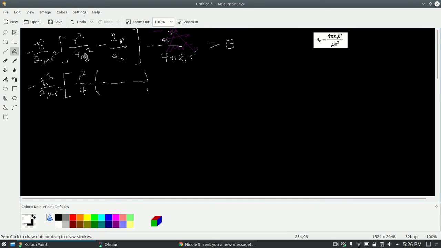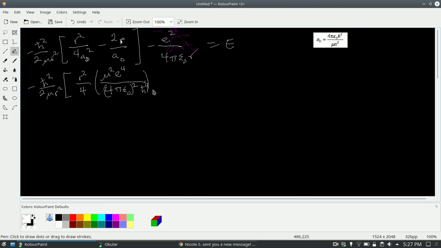Okay, so this 1 over a naught squared, that's going to be this thing upside down, but squared. All right, so it's going to be mu squared e to the fourth. Oh, wow, look. The answer had an e to the fourth. Maybe that's where it came from. And then this is all going to be squared, right? So it's going to be 4 pi epsilon naught squared, then h bar to the fourth.